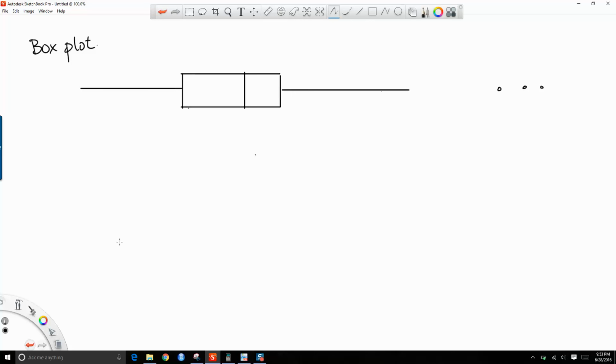Okay, this is the box. These things are called whiskers. Okay, so I'm going to label these. So the box is defined by 3 values. Q1, or the 3 lines on the box, are Q1, the median, and Q3. Okay. This thing is called a whisker. This is also a whisker.